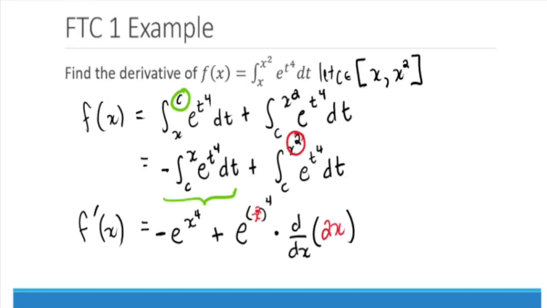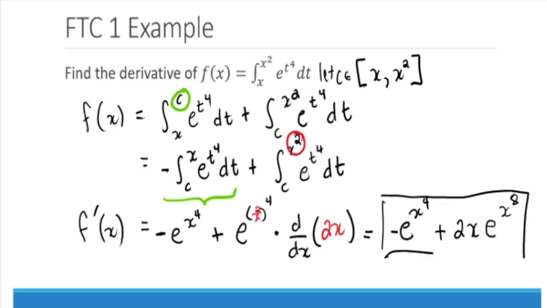Then, simplify. When simplified, this will be negative e raised to x to the fourth plus 2x e raised to x to the 8th. This is our answer.